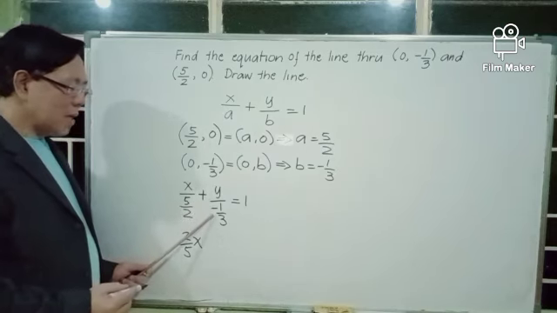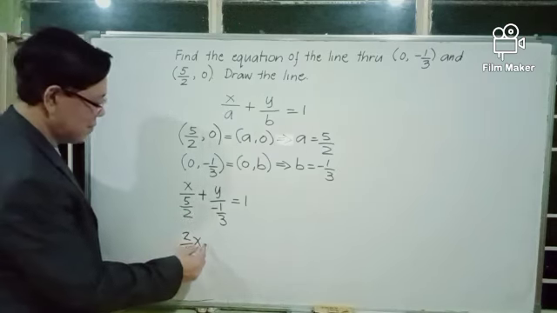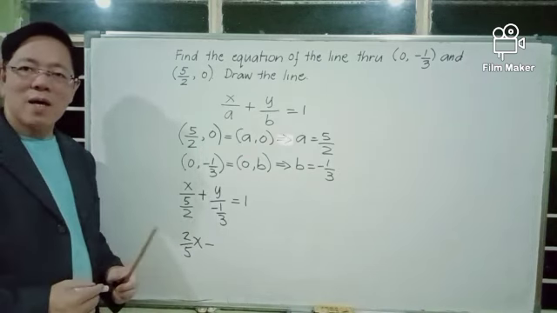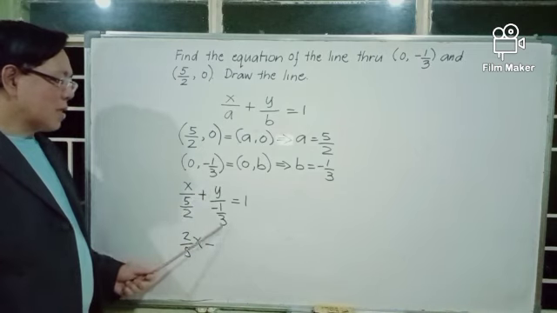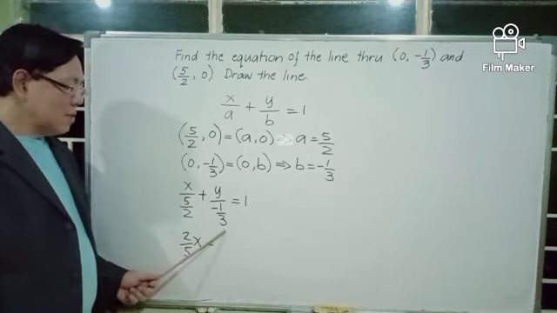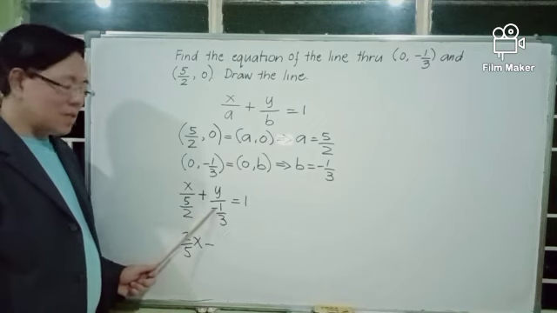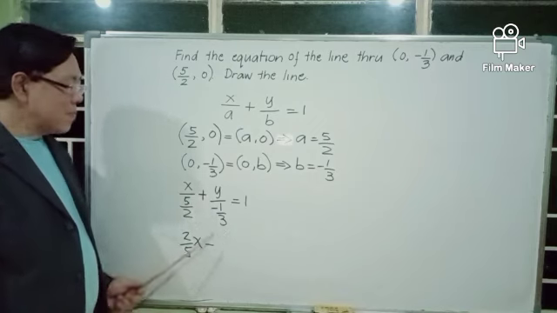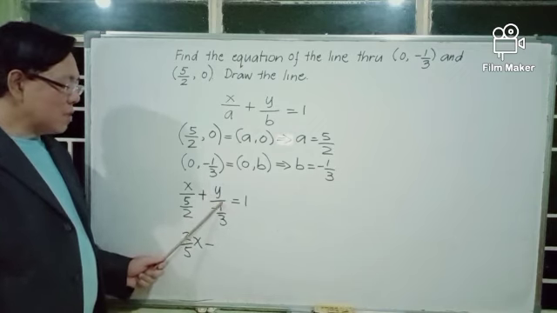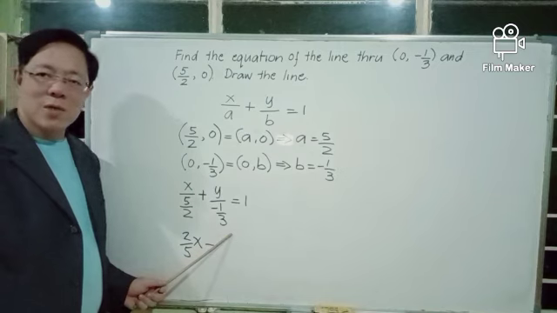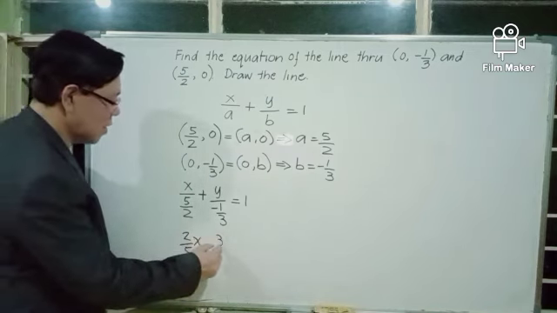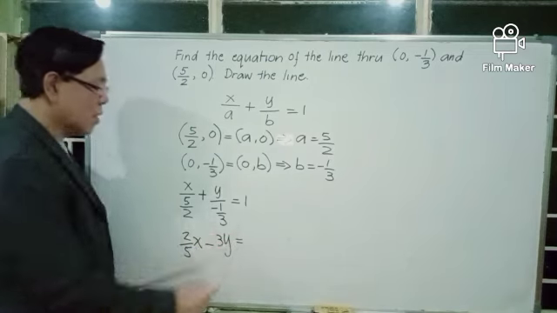To simplify this fraction, we multiply y by the reciprocal of 1/3, which is 3. We multiply 3 by y, minus 3y, equals 1.